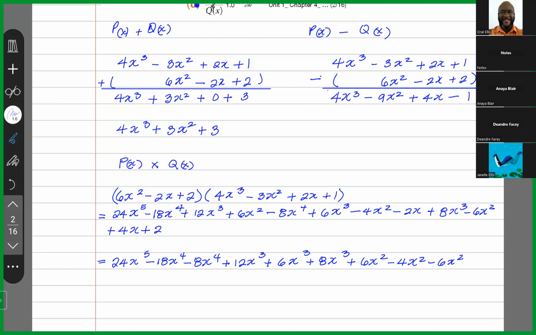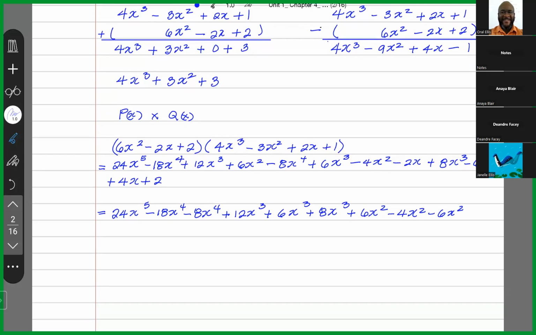No other term in x squared. I move to the term in x. We have minus 2x plus 4x. No other term in x, so move on to the constant. And the only constant there is 2.